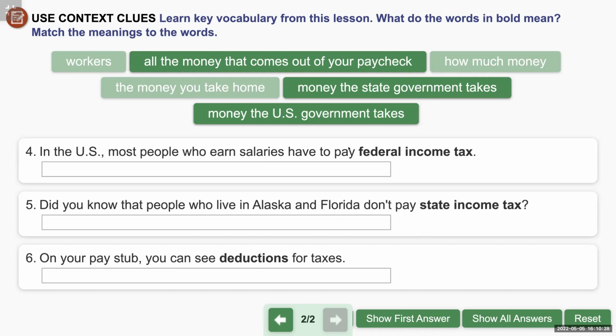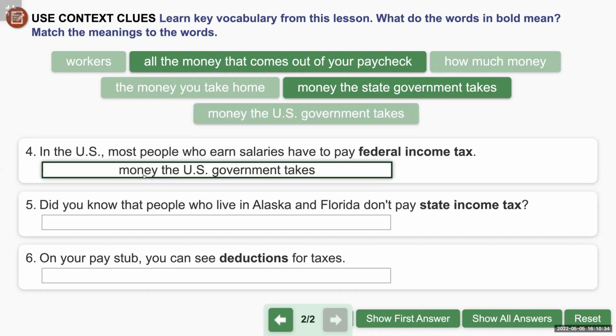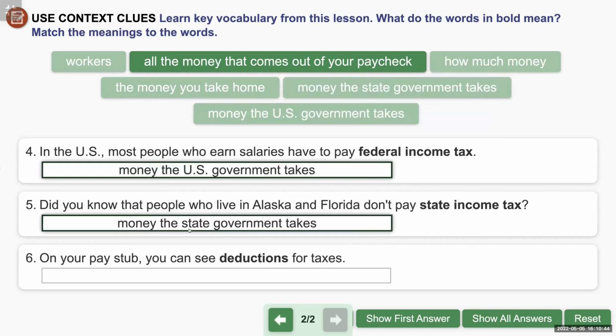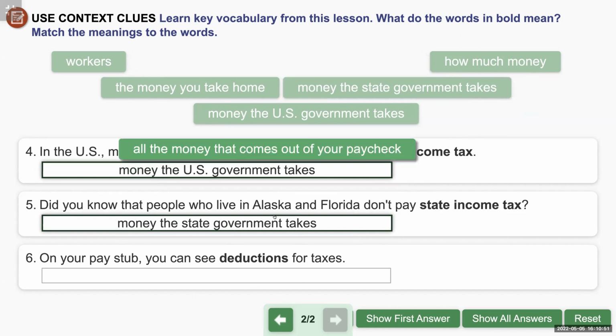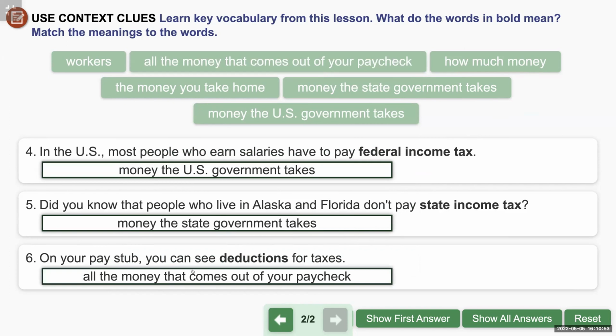So going to number 4, federal income tax would be money the US government takes. When we look at state income tax, money the state government takes. And when we look at deductions, it is all the money that comes out of your paycheck.